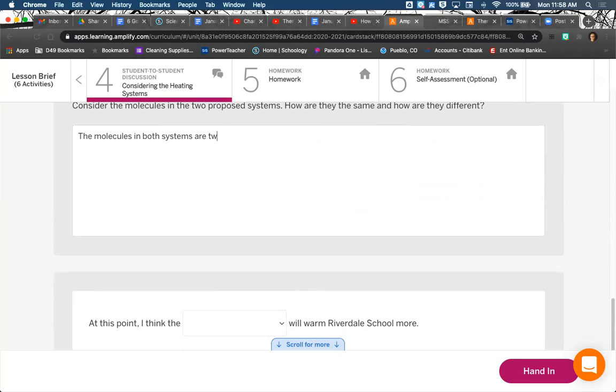are of 2 types. We have water and air. Each type has its own temperature that may differ from each other.